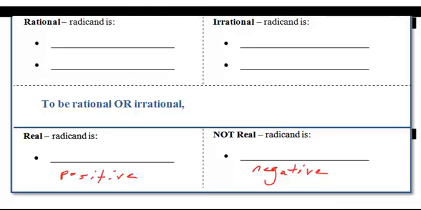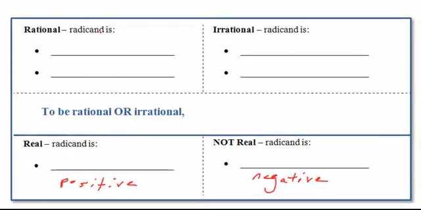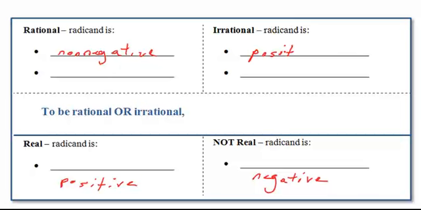Now let's go back up to rational and irrational. When it's rational, the radicand is, well, non-negative. For irrational, it actually has to be positive.